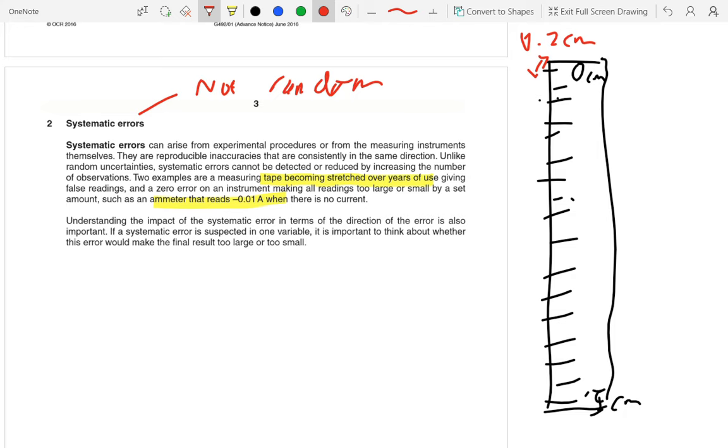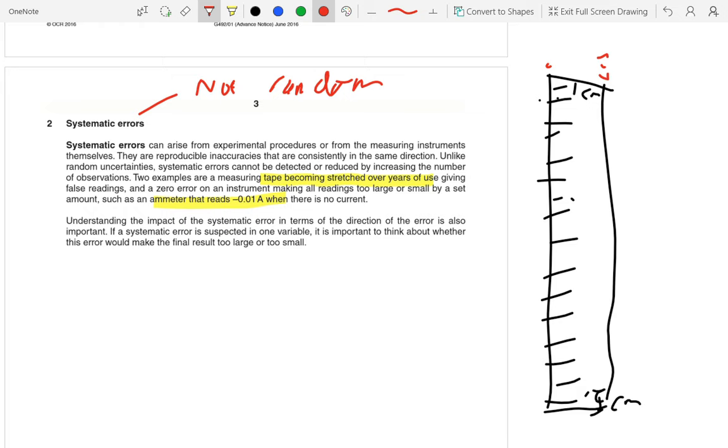The other thing is if it's become chipped over time, then you could end up with the end of a ruler that looks something like that, with this one being 1 centimetre instead. So you can have a 0 error of a little bit here and a big bit on this side. There are loads of ways that you can get 0 errors on rulers by just looking at the end.